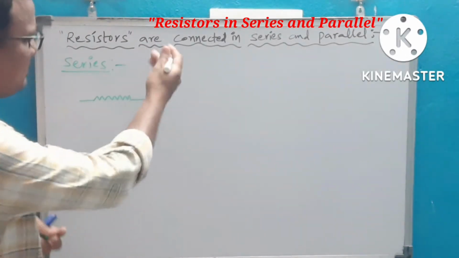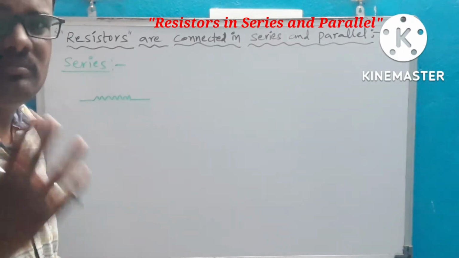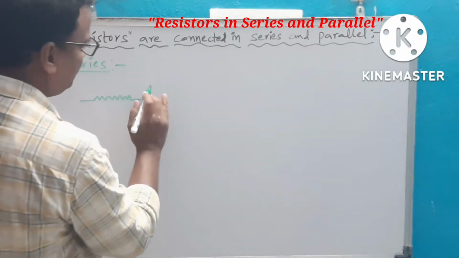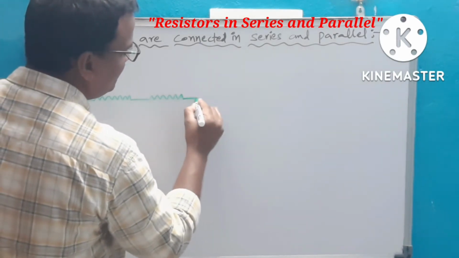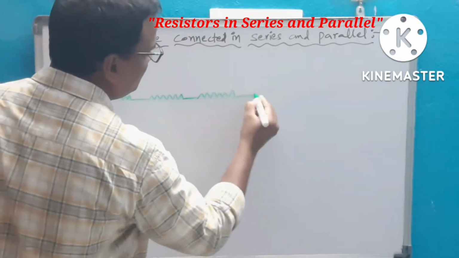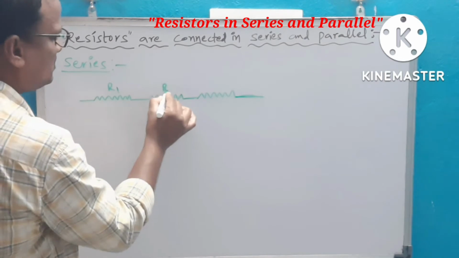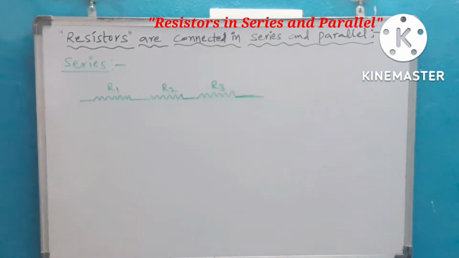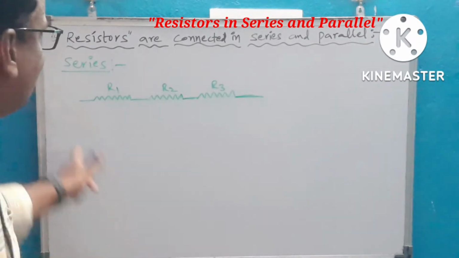So here in this question, I can take a minimum of 3 resistors connected in series. This is the first one, this is the second one, and this is the third one. So here R1, R2, R3, three resistors connected in series like this.